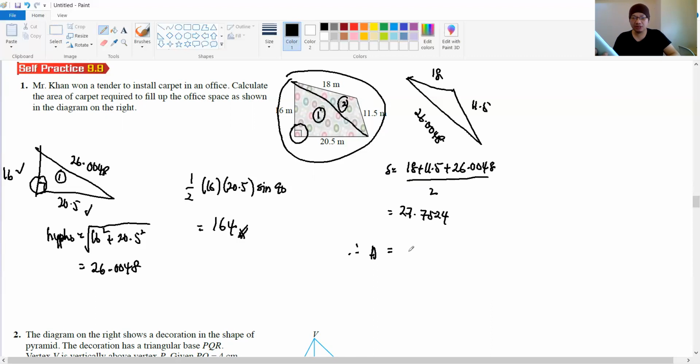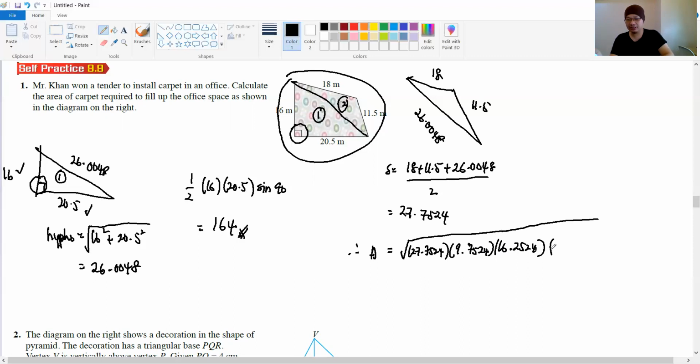Therefore, the area for the second diagram will be: the first number is 27.7524, followed by S minus A, 18. So minus 18, we get 9.7524, and then minus 11.5. 27.7524 minus 11.5, we get 16.2524.